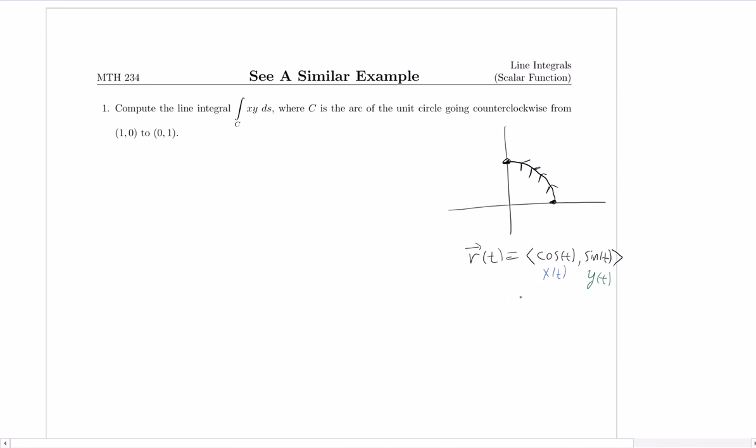And of course, for this piece, t goes from 0 to pi over 2.